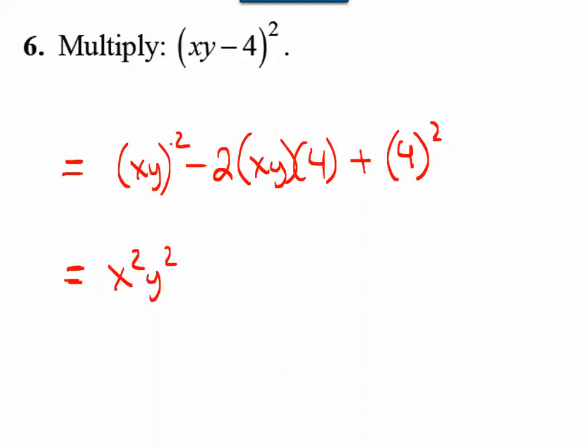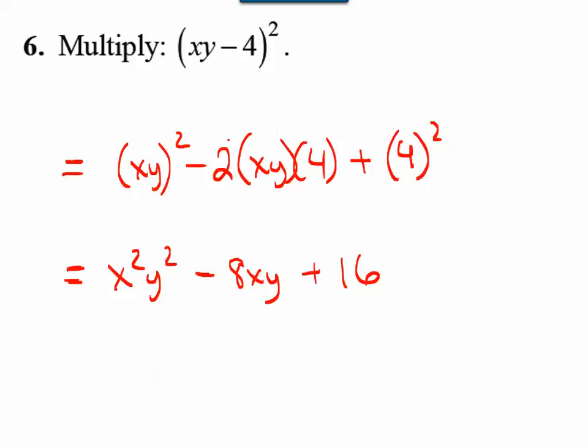Because you're squaring this one, the 2 goes to the x, the 2 also goes to the y. Multiplying this gives you negative 8xy, and then how about a 16 at the end there?